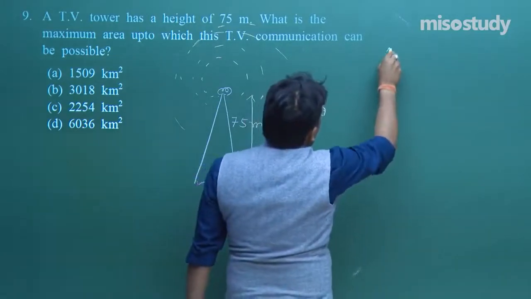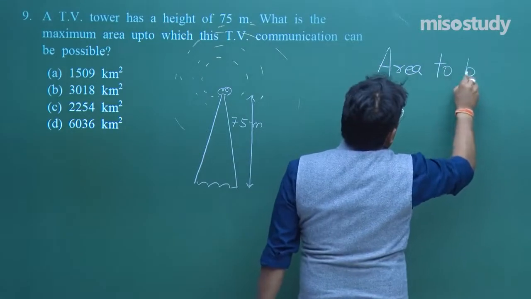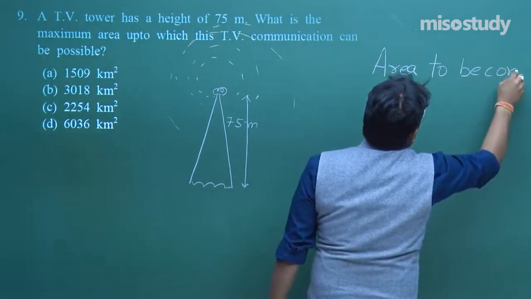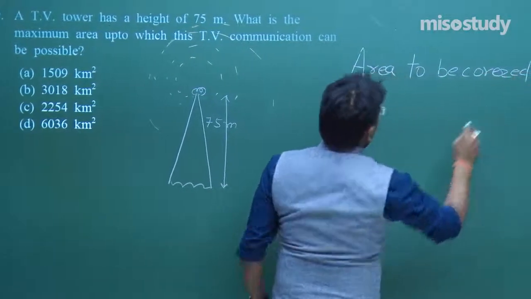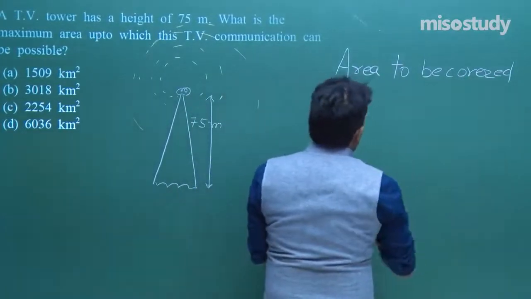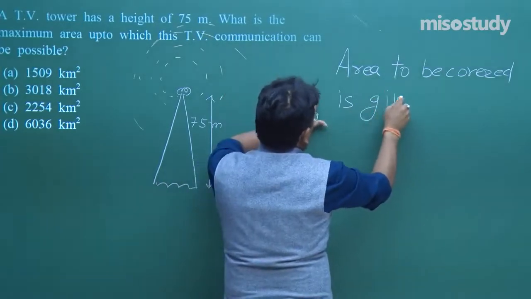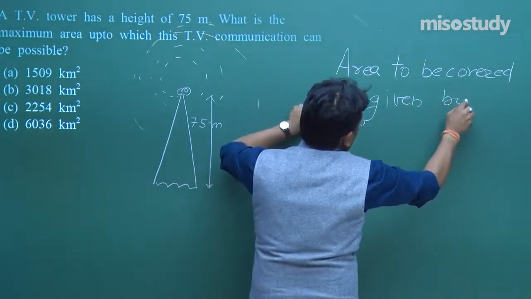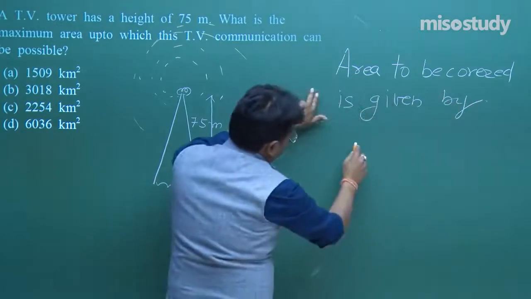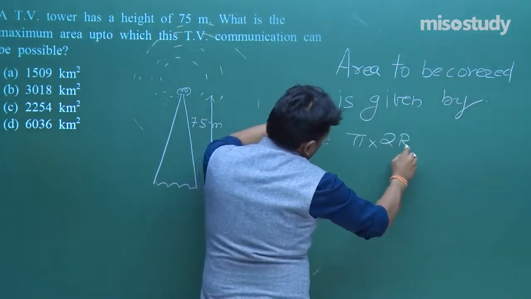Now, the area to be covered is given by pi into 2rh.